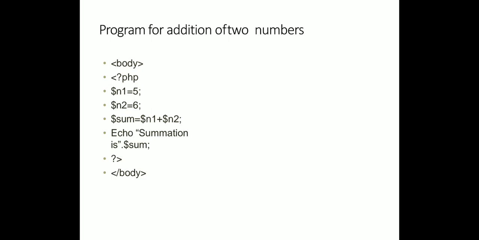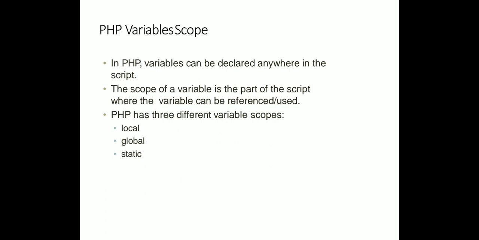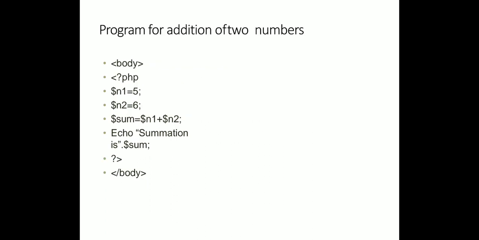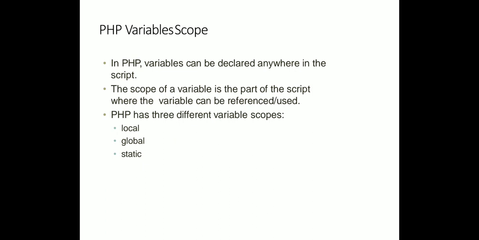Now we are about to display the summation of both the variables. So I have written the statement echo summation is and call the variable which is holding the addition of both the numbers, that is nothing but the $sum, and close the PHP script plus body tag. It will output the summation of both the numbers, that is 5 plus 6 equals to 11.